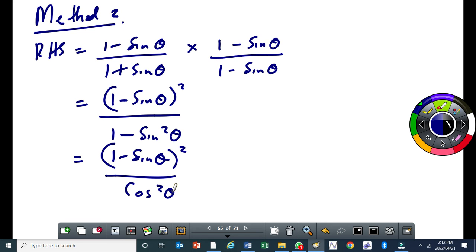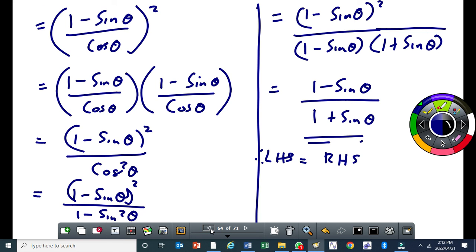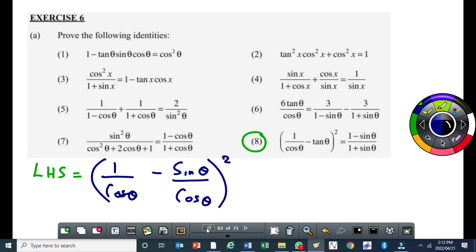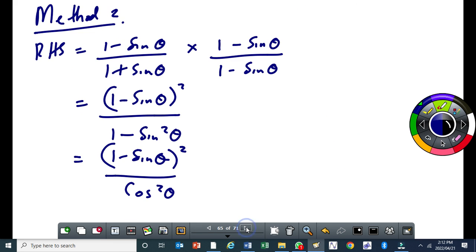Okay, before I carry on, please be aware that we have got a 1 over cos theta, and here we've got minus tan theta, but this tan theta is the same as sine over what? Over cos. So in the end, I need to have the same denominator there. So I can then write it as, okay, I'm here. Let me move on to the next page so that I don't overcrowd the work there.